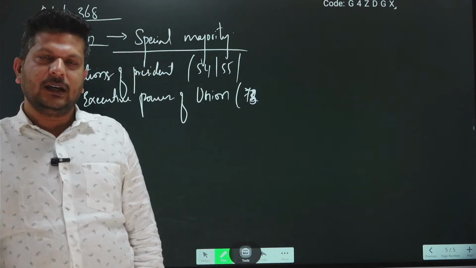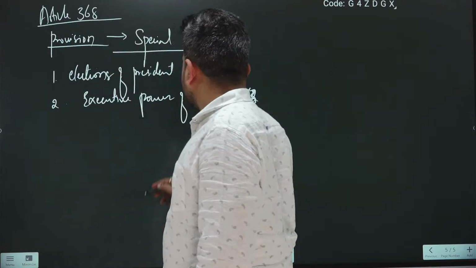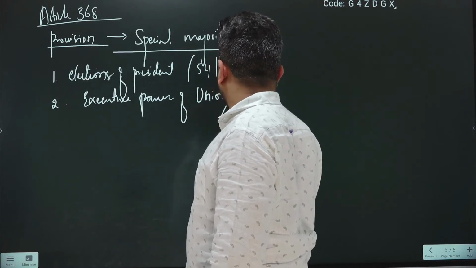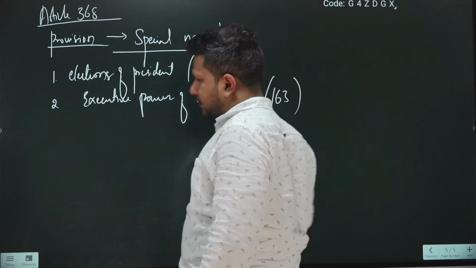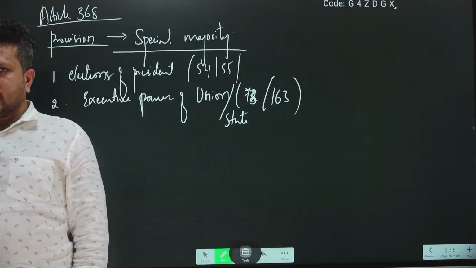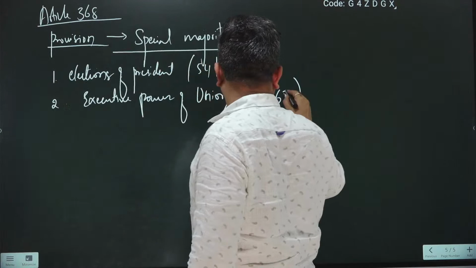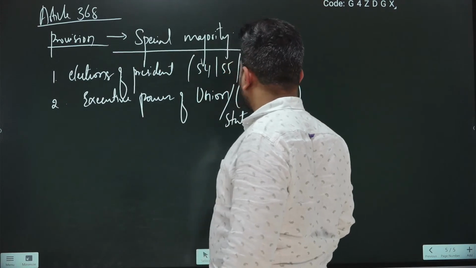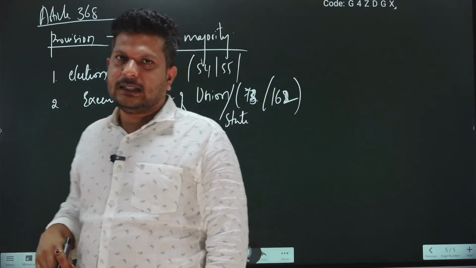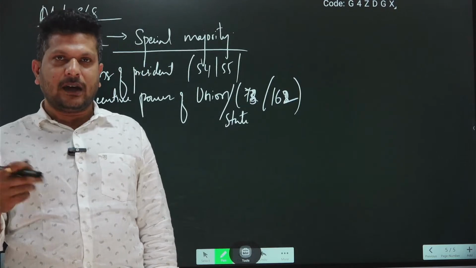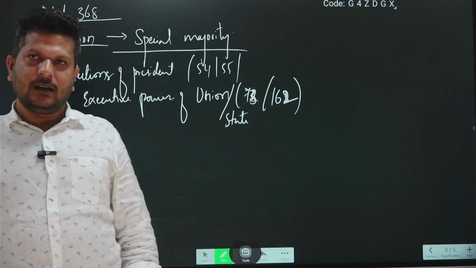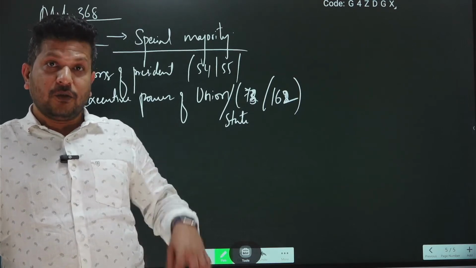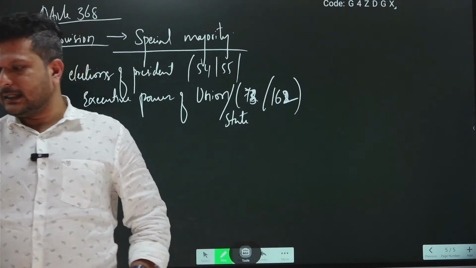In the same way, if there is any change in the executive power of states under Article 162. So if there are any changes under Article 162 or Article 73, it requires special majority, or these provisions will require amendment under Article 368.